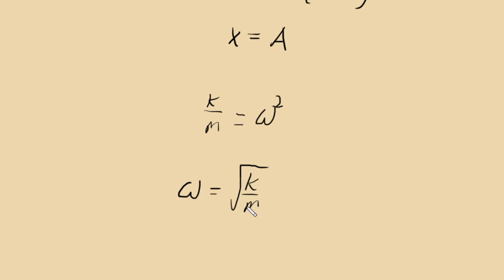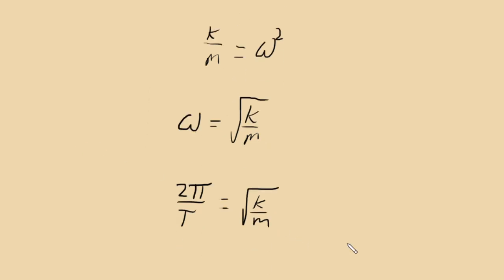But a heavier object's harder to move, so the greater that is, it's going to reduce our angular frequency. So looking at our omega, what we saw before was 2 pi over T. And so I'm just substituting that in, what we originally had put in for our position with respect to time.